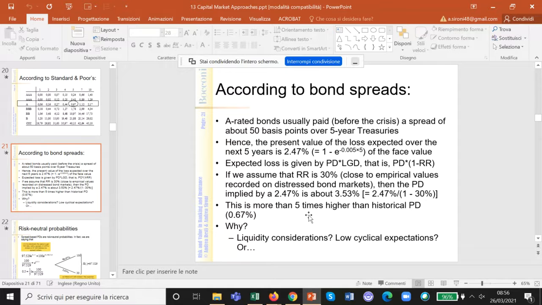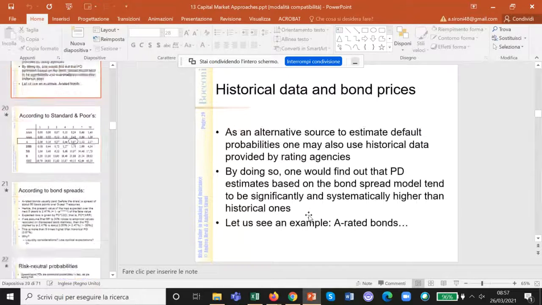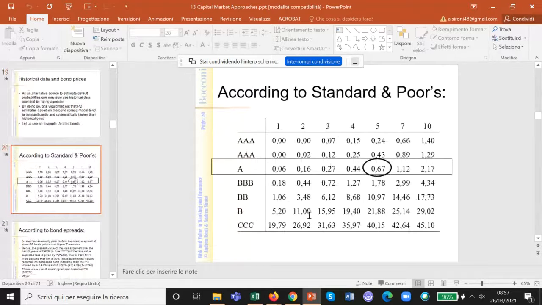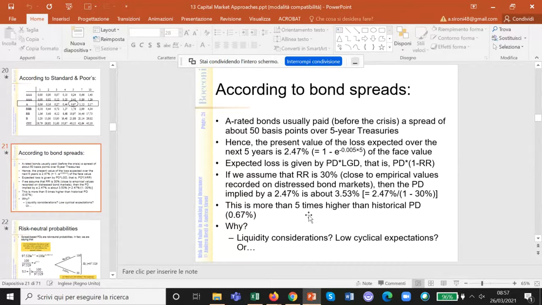Now, this means that the present value of the loss expected over the next 5 years is 2.47%. So if we use this spread and we compute the implied probability of default using the equation here, we get 2.47, or let's say better, an expected loss.